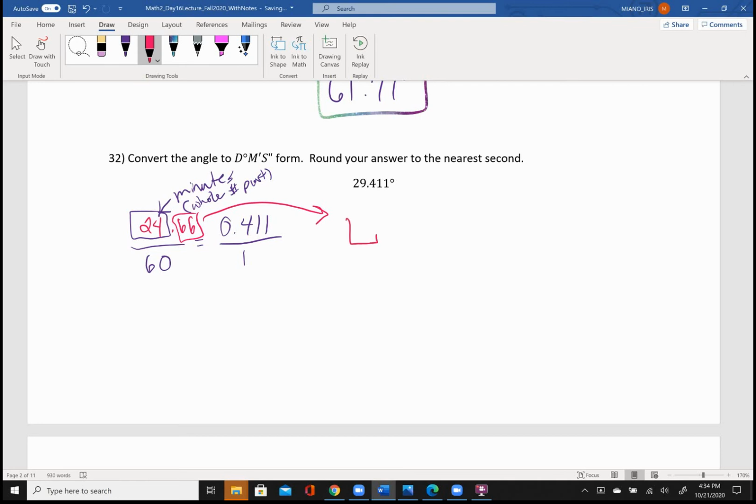Again, so you'll have some box, and it's going to be divided by 60 one more time, but in this position here, you're going to have the decimal from the minutes calculation over a 1 again. Okay, and then you're going to do the cross product again, and then this is going to give you your seconds. And whatever this value is, you're going to round it to the nearest whole number. So I'll put a little note there, round to nearest whole number.